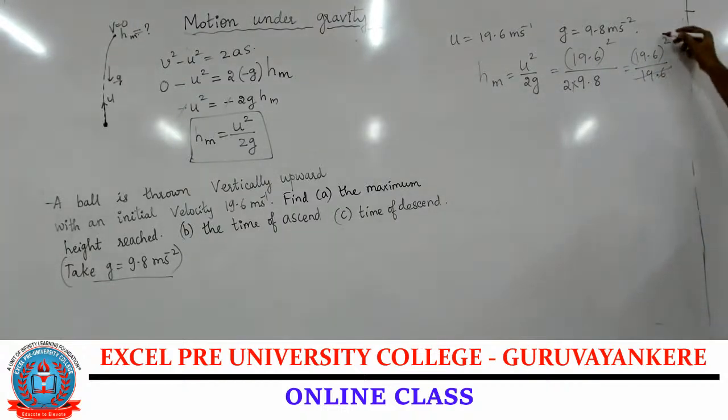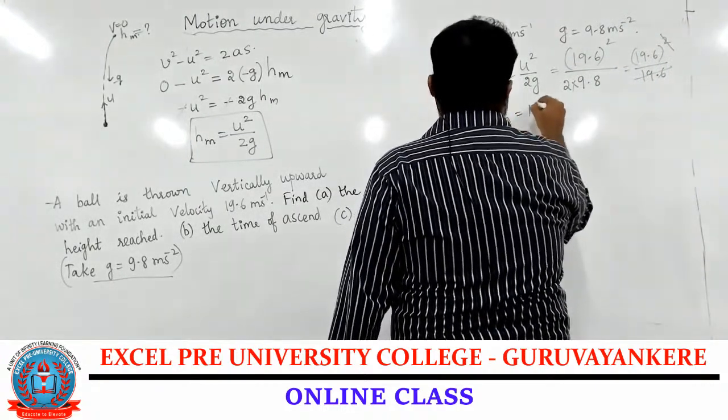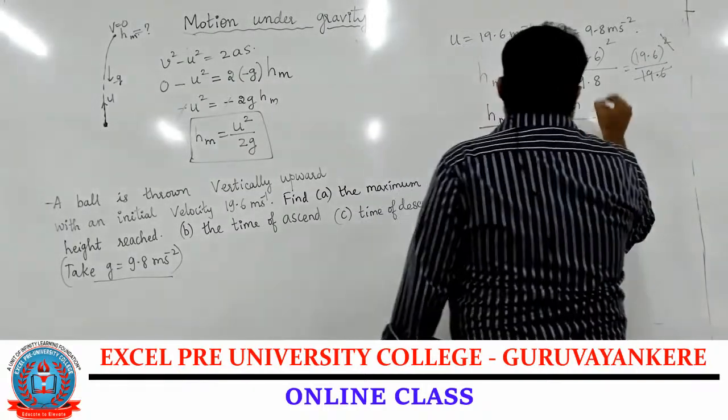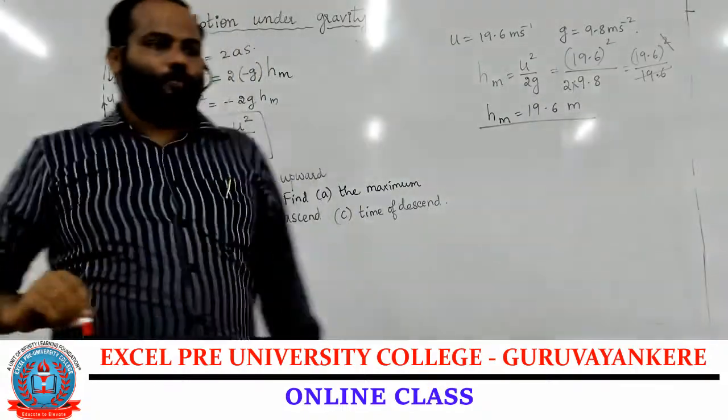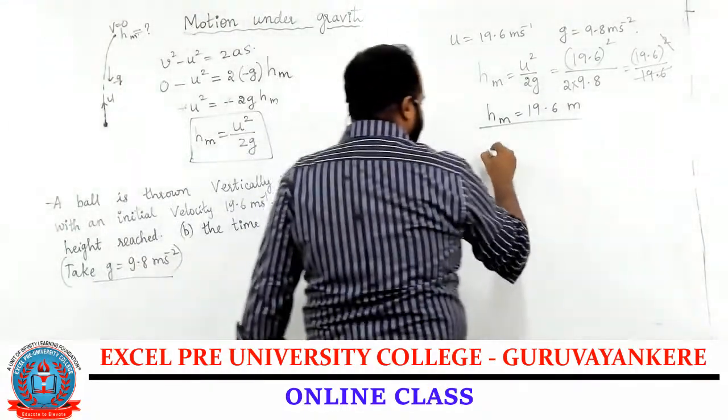So 19.6 cancels with this square. So the maximum height reached is 19.6 meter.